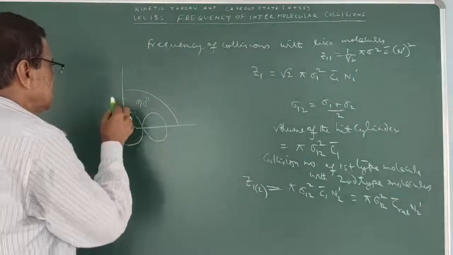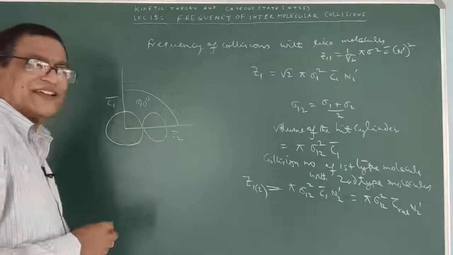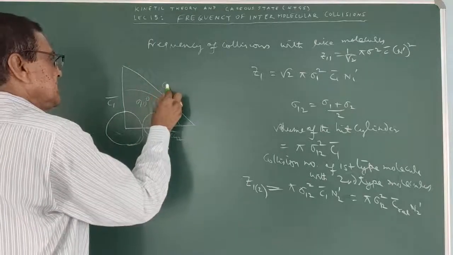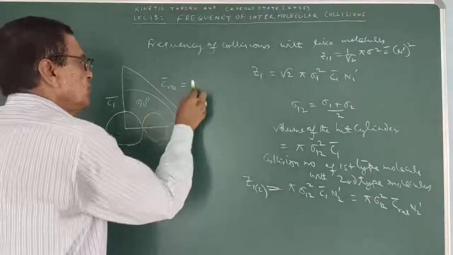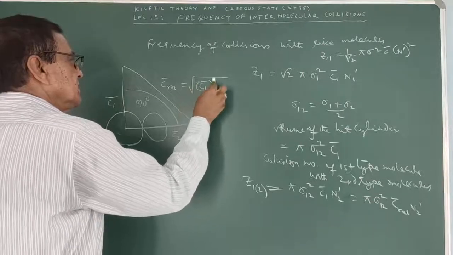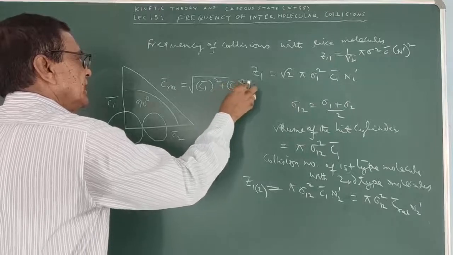So this one is C1 bar, this one is C2 bar, and this C relative bar will be equal to root over of C1 bar square plus C2 bar square.